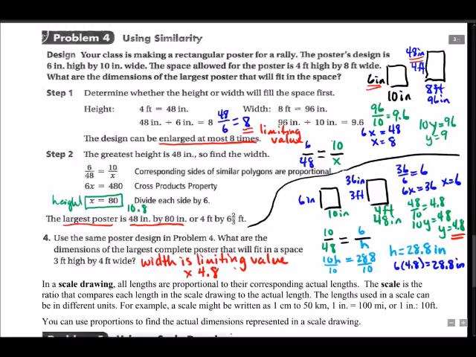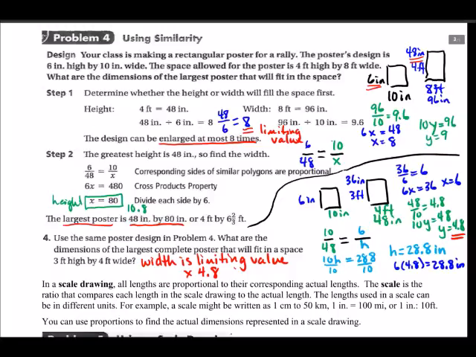We use our width. We write our fraction bar equals fraction bar and use our width. 10 is to 48, as 6 is to our new height. And we just cross multiply, and our new height is 28.8 inches. We also could have simply done 6 times 4.8, because that's our multiplication factor here. We are multiplying both of them by 4.8, and we would still get 28.8 inches.